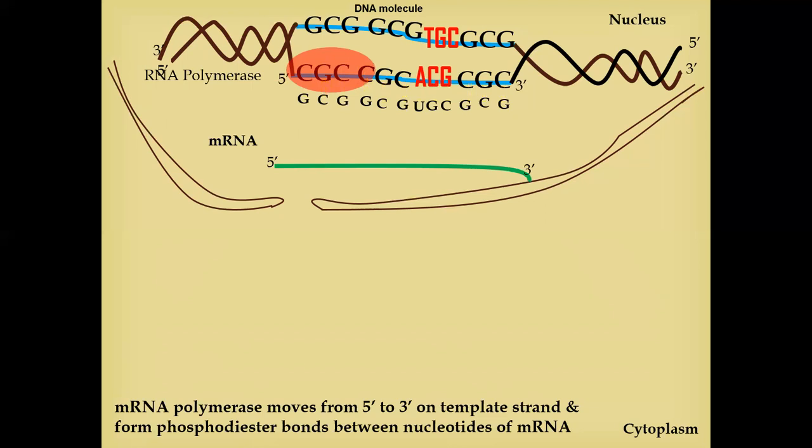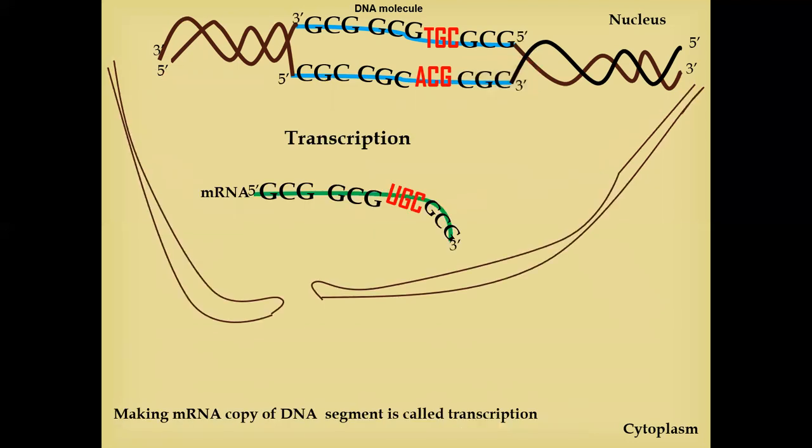For example, it is moving from 5' to 3' and making phosphodiester linkages. It produces a copy of messenger RNA from the DNA. This process is known as transcription. So making a messenger RNA copy of the DNA segment, that is transcription. And this transcription takes place in the nucleus.